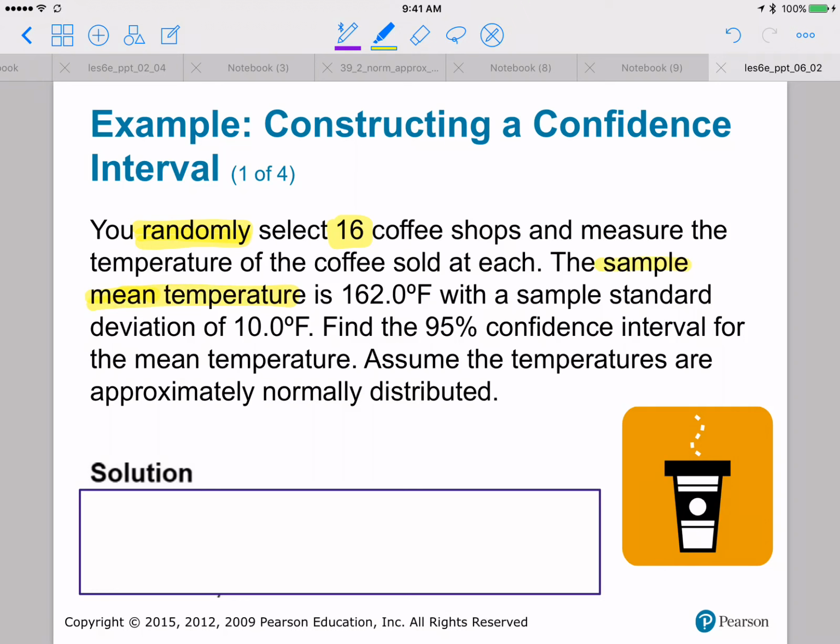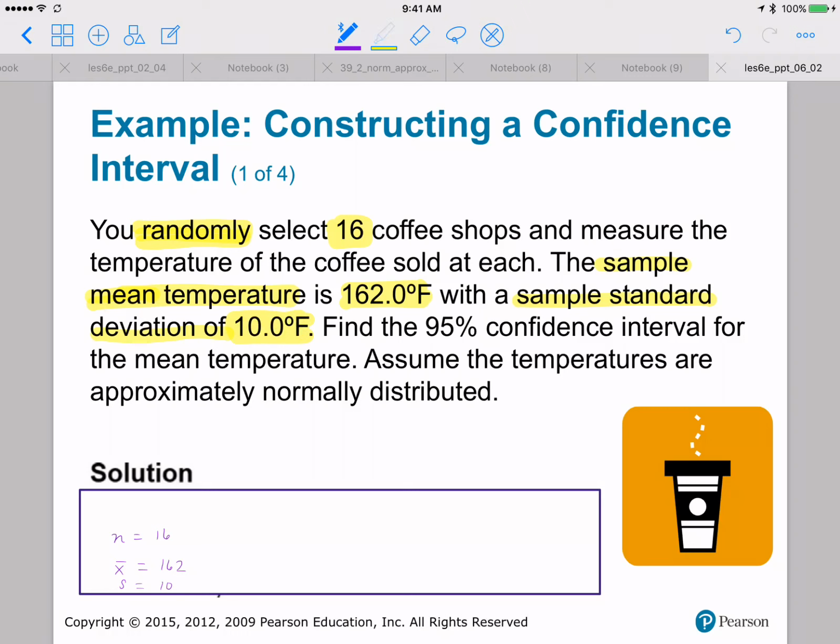The sample mean temperature is 162. So already we've got that n is equal to 16. X bar is going to be 162 degrees Fahrenheit. The sample standard deviation is going to be important, 10 degrees Fahrenheit. So that means s is equal to 10.